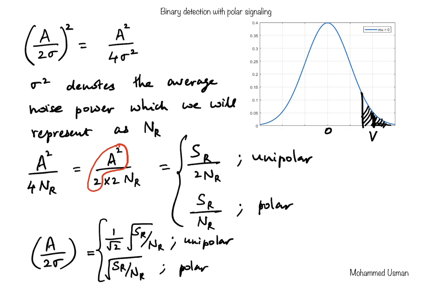So therefore the error probability is larger in the case of unipolar signaling. Or in general, we say that polar signaling has a signal to noise ratio advantage over unipolar signaling by a factor of root 2, or polar is better by a factor of root 2 as compared to unipolar signaling.